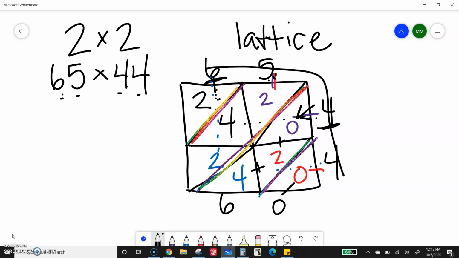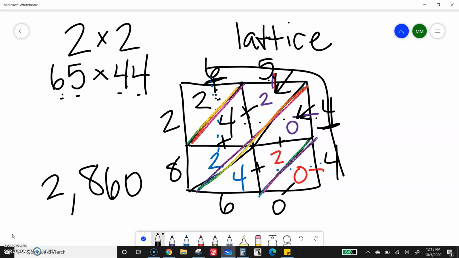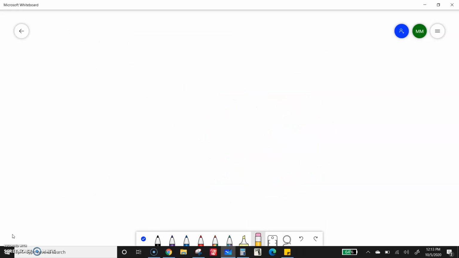And then this was just my line. That's not a 1 or anything. I didn't carry anything here. I just have 2 plus 4 plus 2, which is 8. And then a 2 there. So I get 2,860 as my answer.